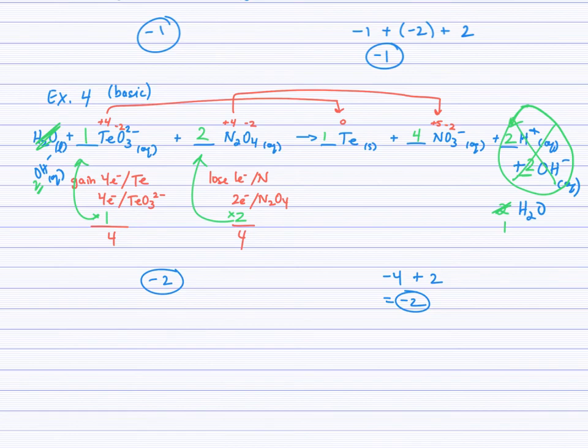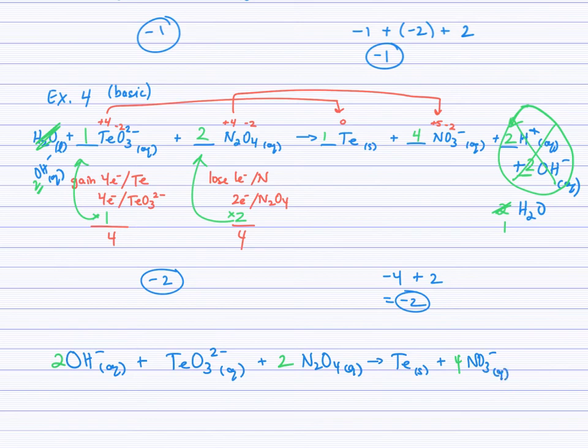We should be finished at this point, but to write this out so that we can check, and so that somebody reading our work could actually understand what we've written, we essentially at this point have 2 hydroxide ions, the water canceled there, plus this TeO3 2- ion, and there's only 1 of those, plus 2 of the dinitrogen tetroxide, and that's forming the tellurium, plus 4 of the nitrates, plus 1 water.